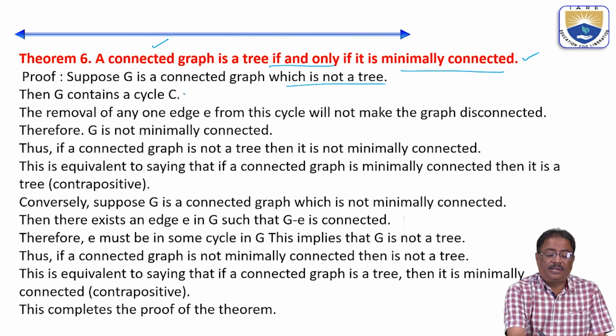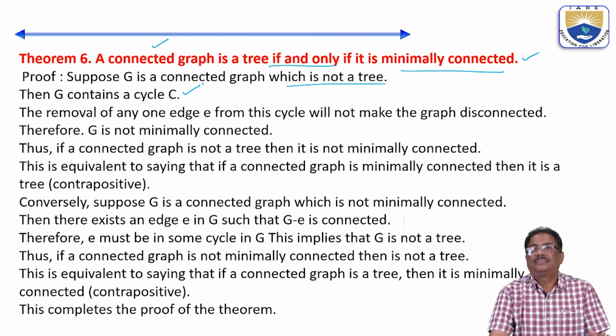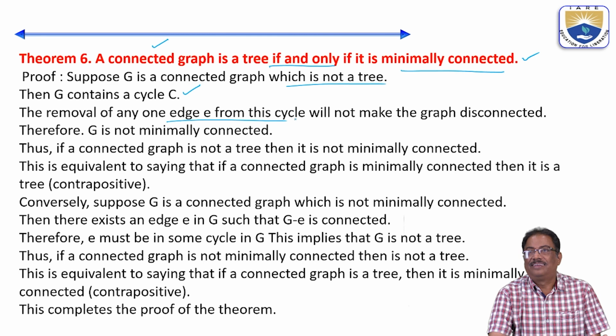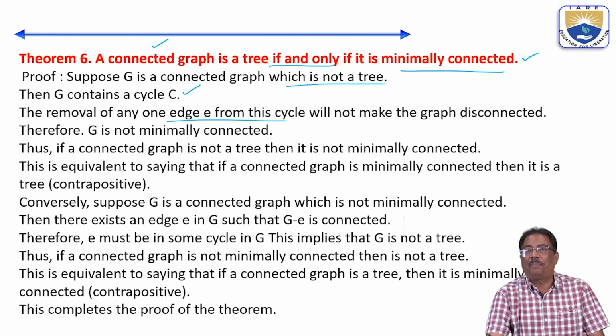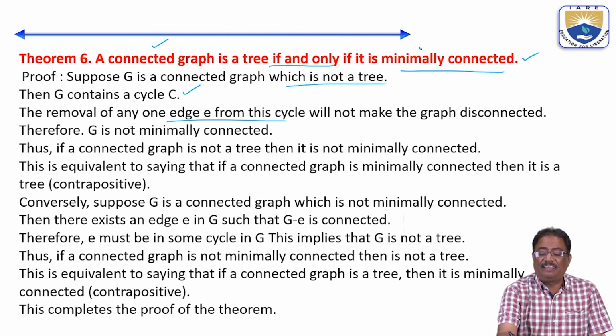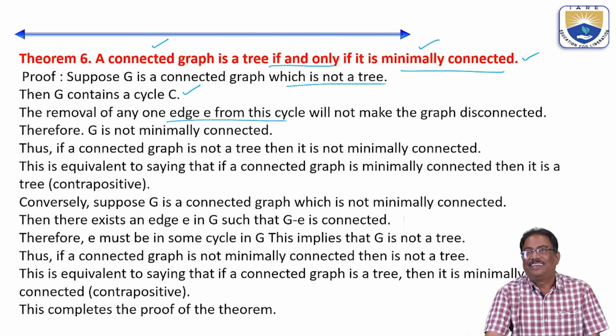Then definitely G contains a cycle. If it has a cycle and I remove any edge from this cycle, the graph will not be disconnected. If the graph is not disconnected, it means it is not minimally connected.